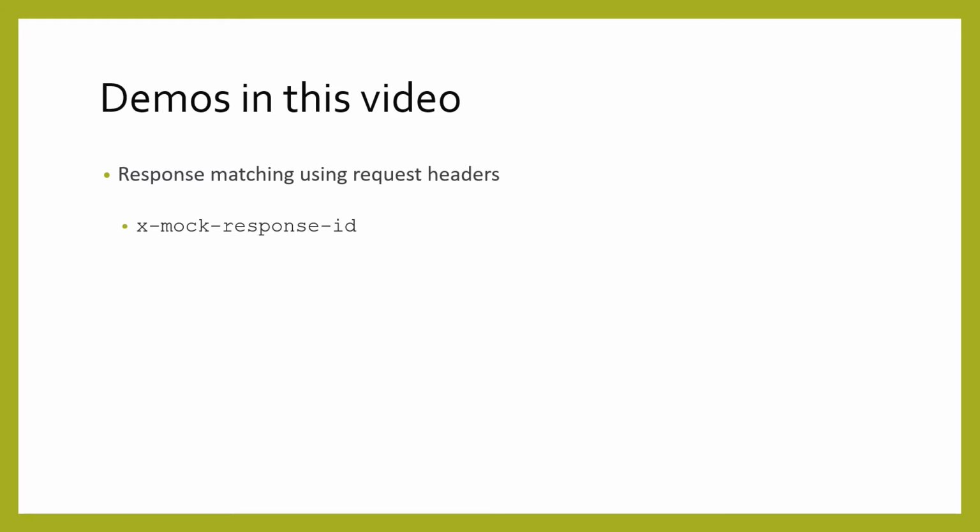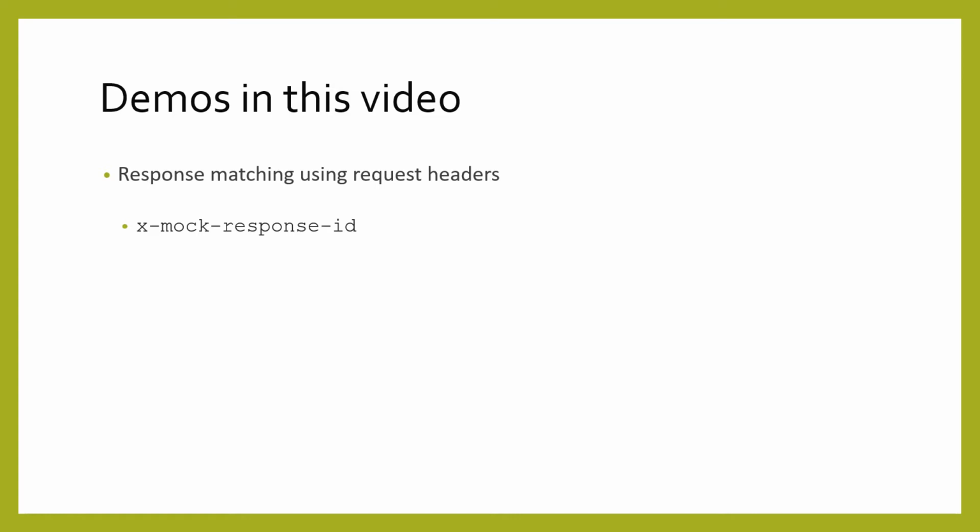In this demo we are going to see how we can retrieve a particular response using a header called x-mock-response-id. Essentially, let's say you have 10 examples created for a particular request, and each of these examples has its own name, which is nothing but a unique id.